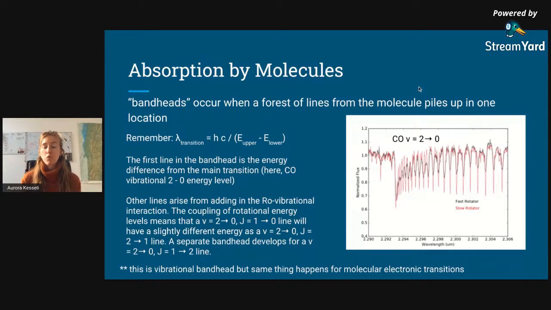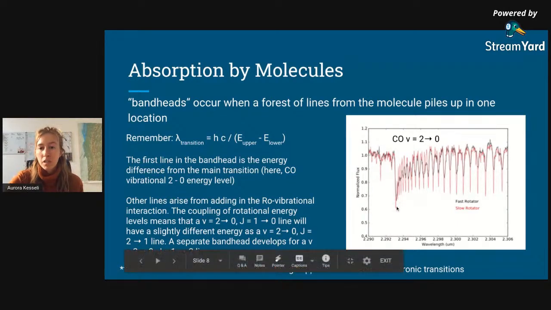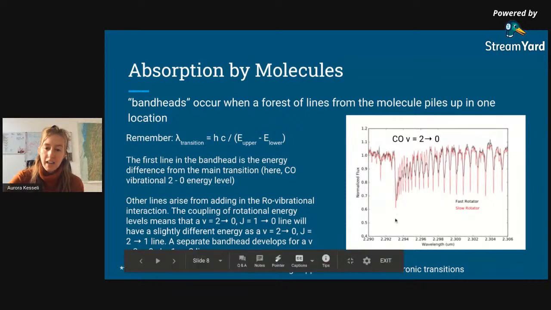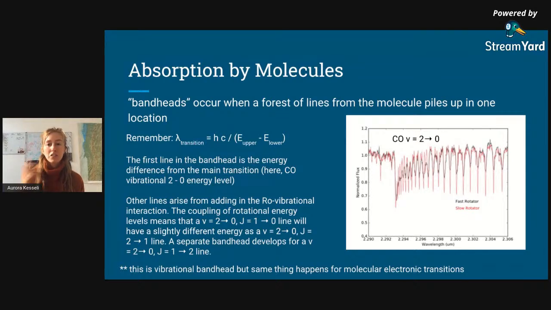often what you see for molecular absorption is these bandheads. So here's an example of a real spectrum. This is the carbon monoxide bandhead at 2.3 microns. And this results from the vibrational 2 to 0 energy level. So CO is just two elements together, and the vibrational energy is when the two elements can move back and forth in their bond.